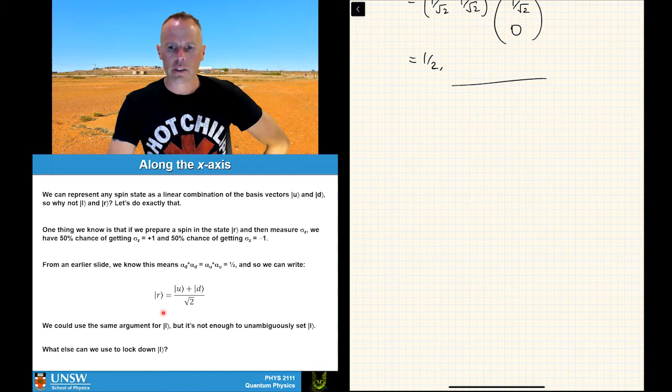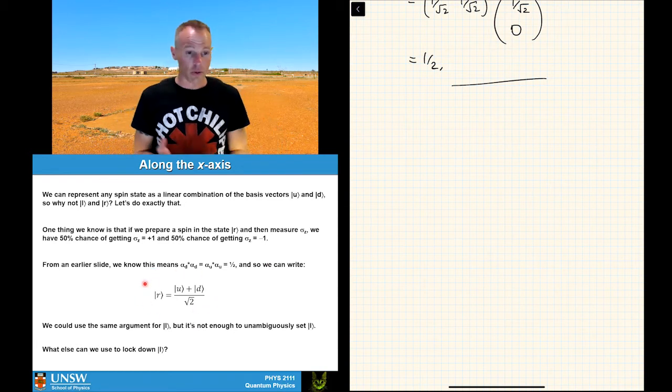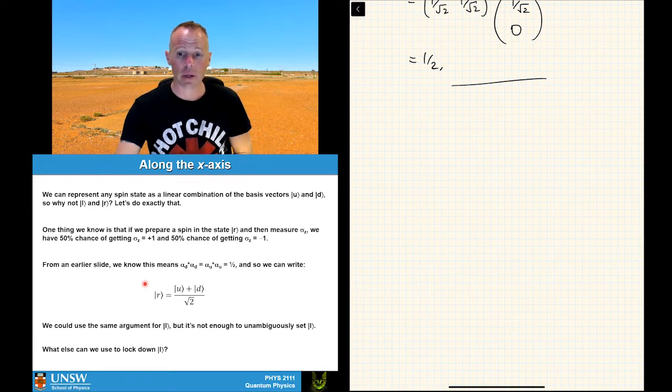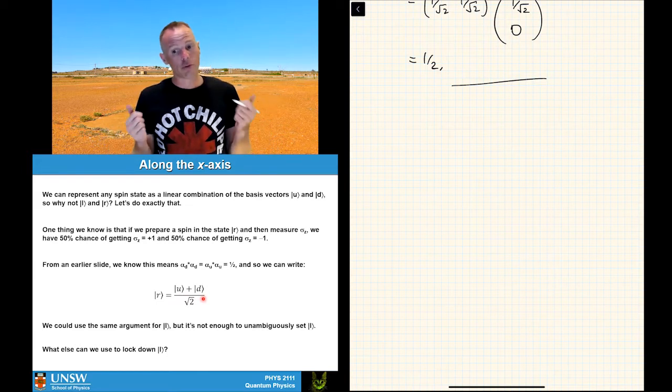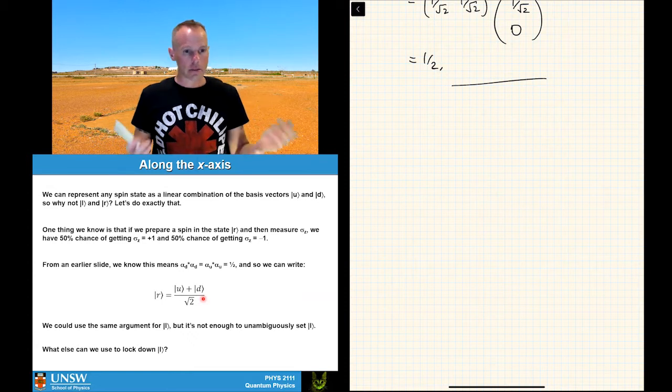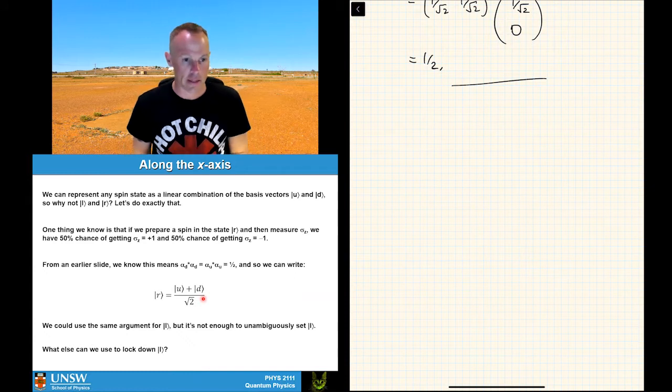So the obvious thing to write here for a vector that's pointing to the right, as a possibility, is 1 over root 2 up plus 1 over root 2 down, okay? A fairly simple linear combination of up and down that gives you a 50-50 probability of getting an up or a down from a measurement, okay? So let's just take that as a possible expression for right. And it turns out that it is the expression for right, but let's just take it as that.